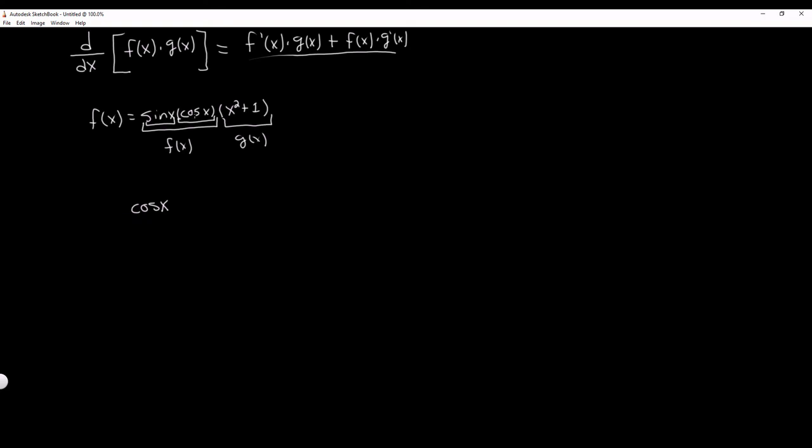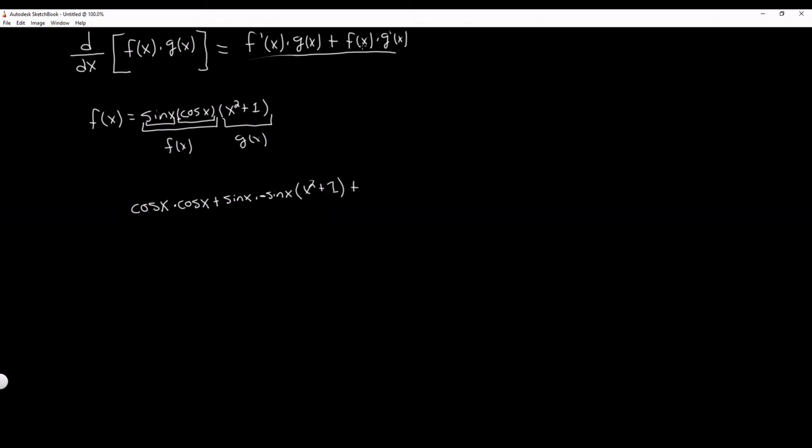And then we keep the second function the same, which is cosine x, plus the first function, so sine x, times the derivative of the second, which is cosine x. So the derivative of cosine x is negative sine x. So we're just going to say times negative sine of x. So we just did this one. We took the derivative of f of x. Now times g of x unchanged. So x squared plus 1.